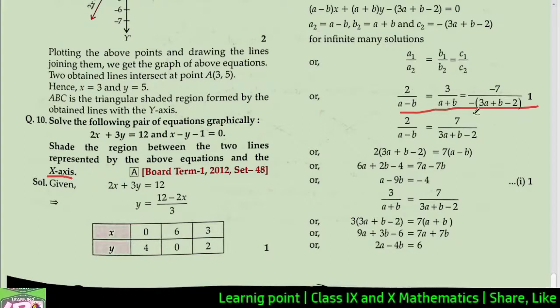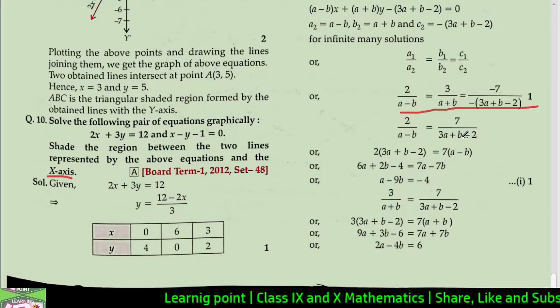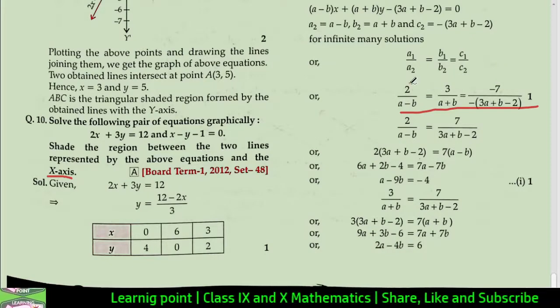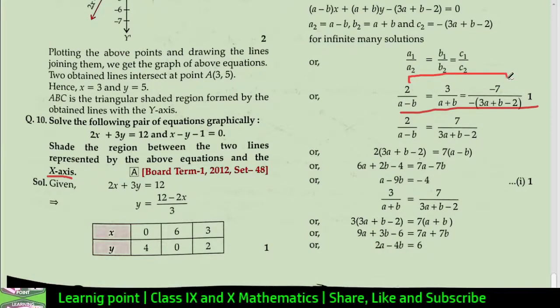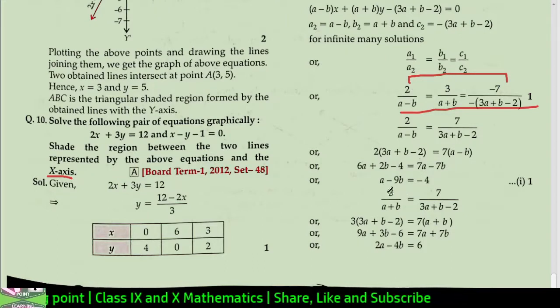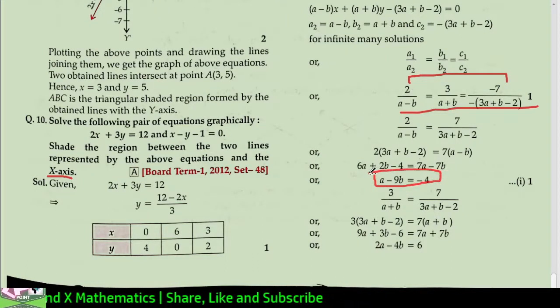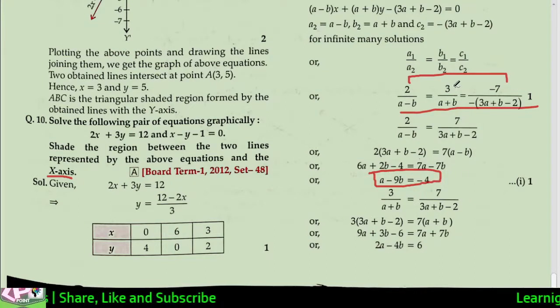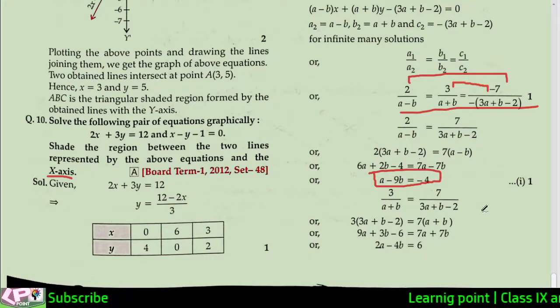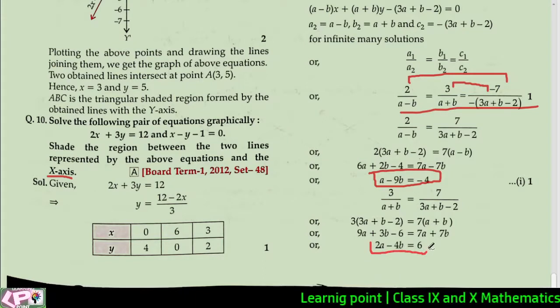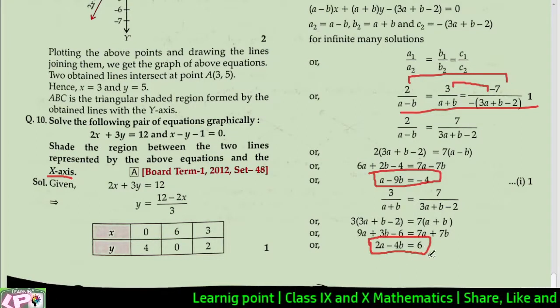Okay, so now you can cancel minus and minus here. First, he is going to equate the first and third ratio, and the equation obtained is: a minus 9b is equal to minus 4. Next, he is going to equate the second and third ratio, and you will get one more equation: 2a minus 4b is equal to 6.